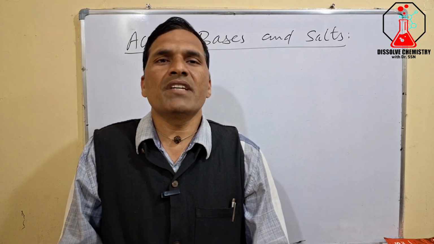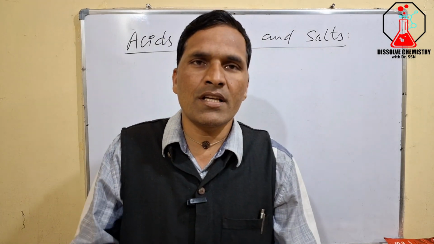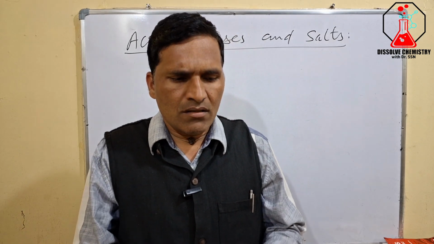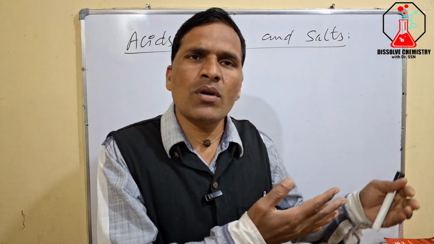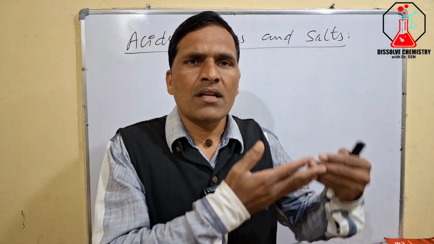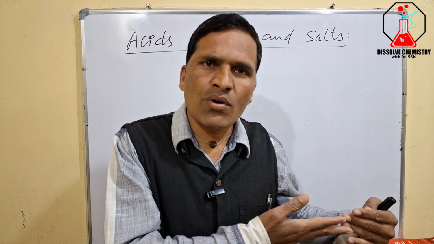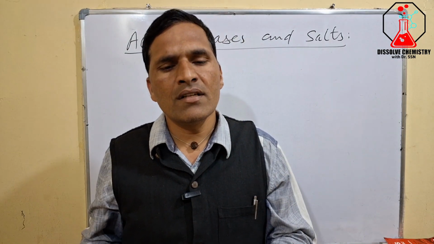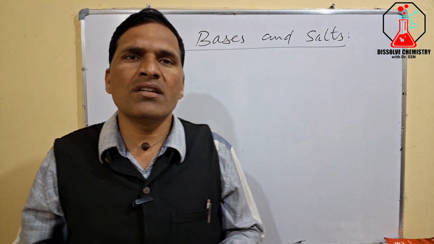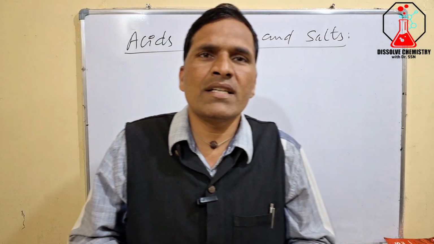In the previous video, we initiated our discussion on ionic equilibrium, where we discussed various aspects like electrolytes and non-electrolytes, and then the classification of electrolytes into strong electrolytes and weak electrolytes. We have seen that weak electrolytes undergo partial dissociation upon dissolution in water.